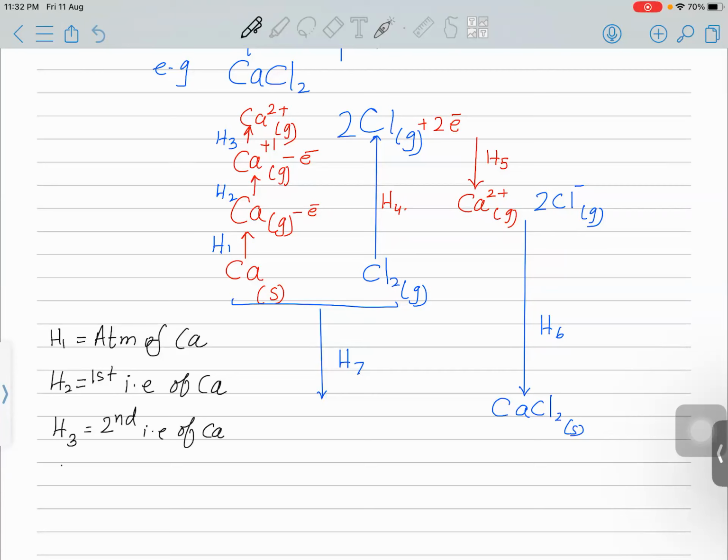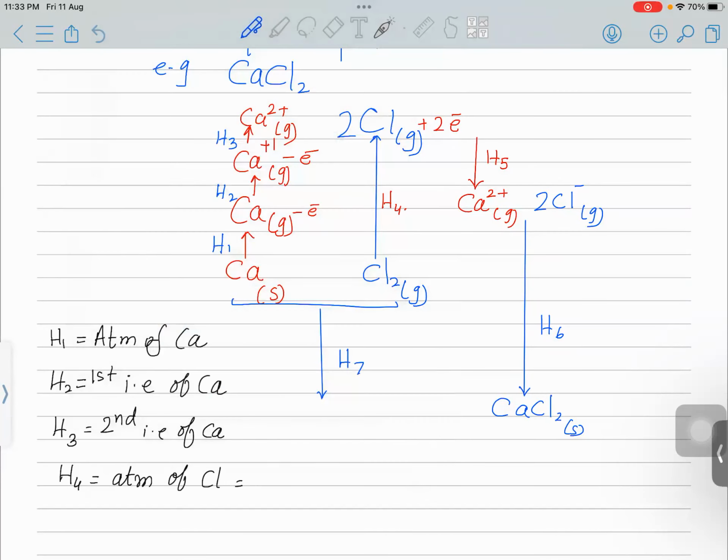Okay, very good. And what is H4? Atomization of chlorine. Very good. Can you tell me the formula of this?